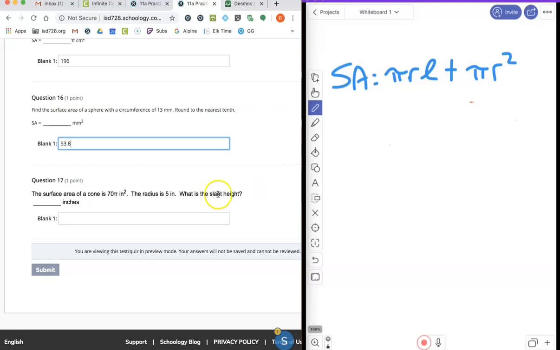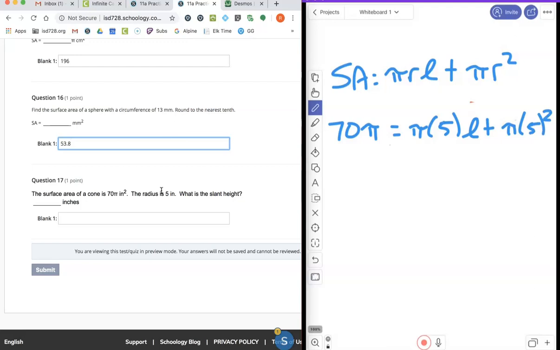They want, what's the slant height? That's L, so that's the only thing we don't know. So we know the surface area is 70 pi. Put the pi's in for now. They're going to go away in a second. Pi times, they told us r is 5. And then again, we know that r is 5.